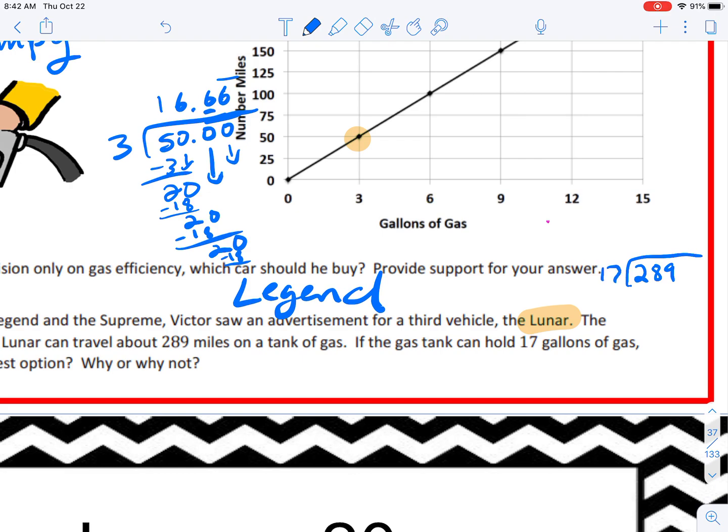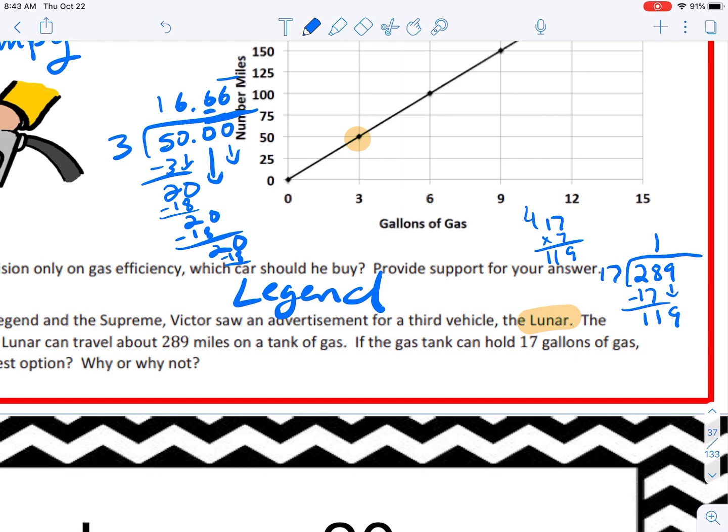17 goes into 28 once. We take 17 away from 28 and we get 11. Now we have to bring down the 9. 17 goes into 119. Let's try 17 times 7. That is 119.